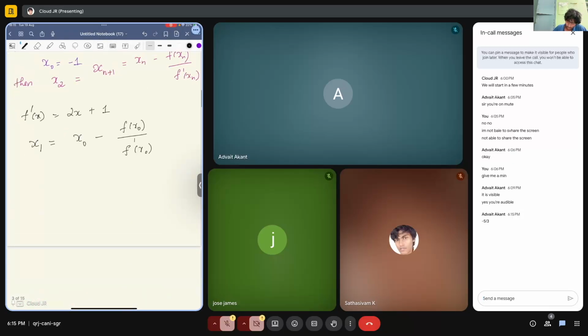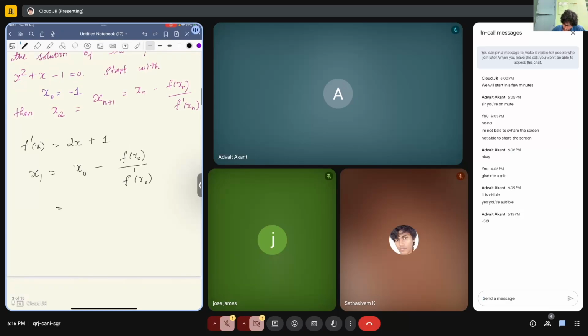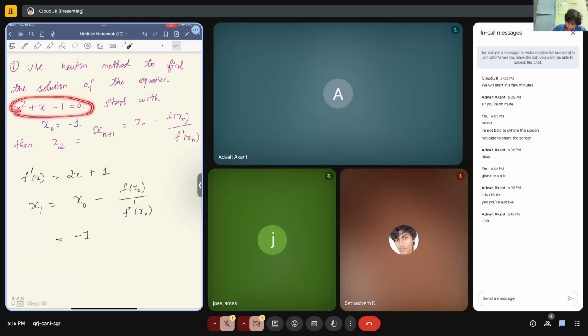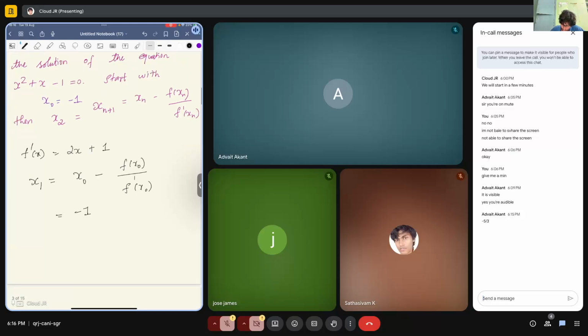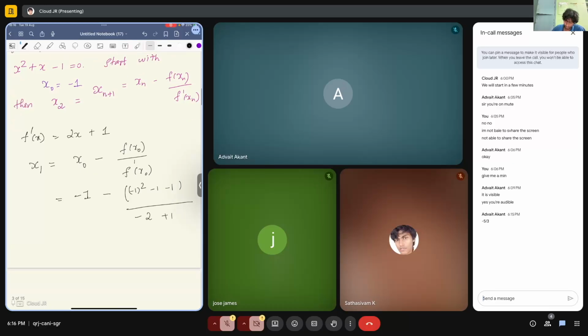So your x naught is minus 1, and then f of minus 1, you just have to substitute here. This is your function, and substitute x equal to minus 1 there. That will be minus 1 square minus 1 minus 1, divided by the f prime here. Now you substitute minus 1 there. So minus 2 plus 1.